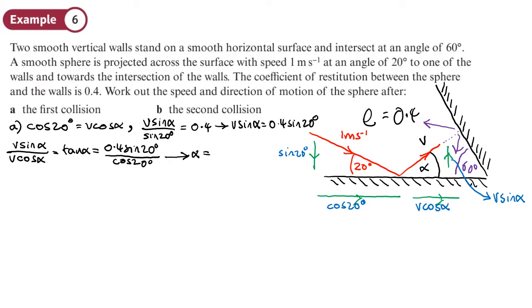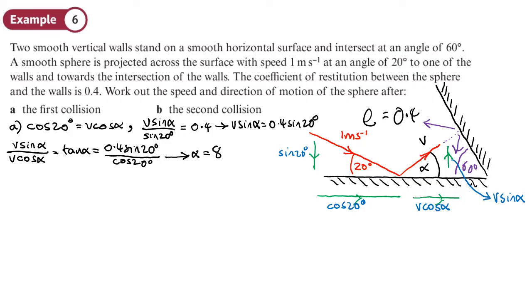So I'll do that. Quickly, tan inverse, and I'll just plug it all in, fraction button, 0.4 sin 20. I suppose I could have simplified it out, but never mind. And to three significant figures I get 8.28.